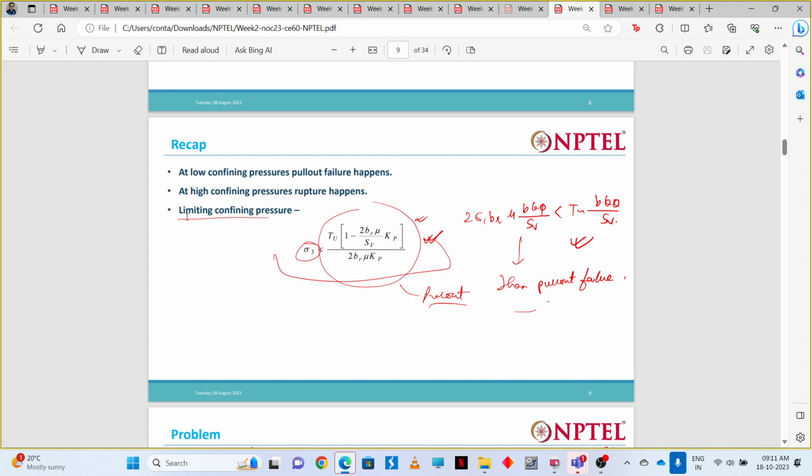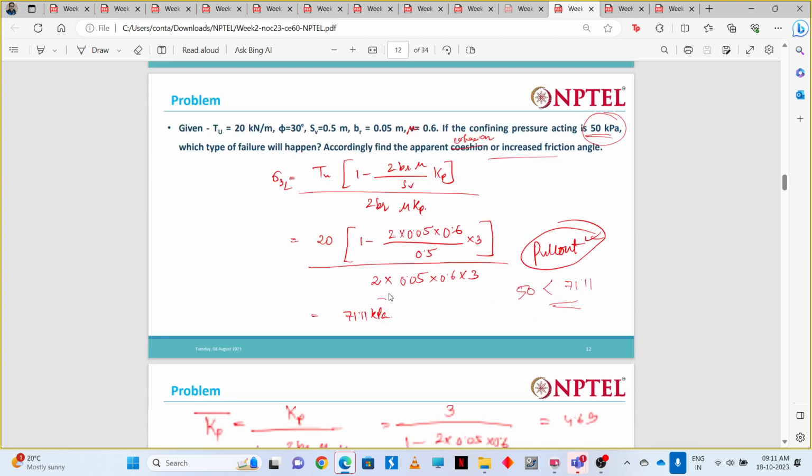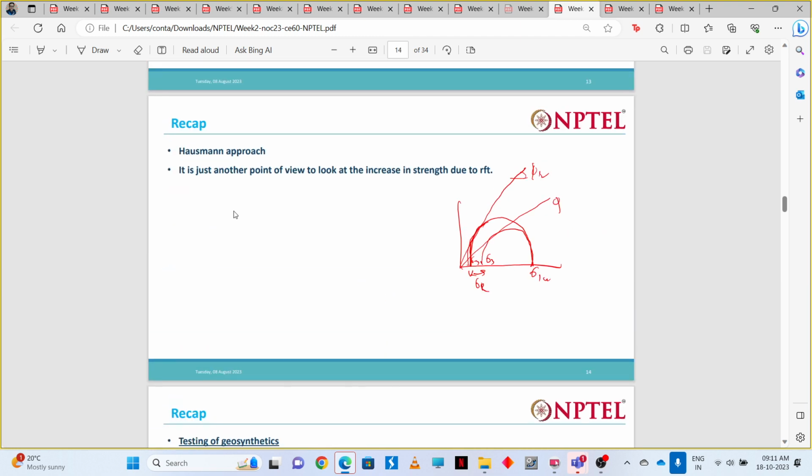So this is qualitative, right? At low, at high, what is the quantity? From what value lesser than that we will have pull out failure, and from what value greater than that we will have rupture failure, that we can determine from this expression. Then we solved one basic problem regarding this. These problems I won't discuss anymore.